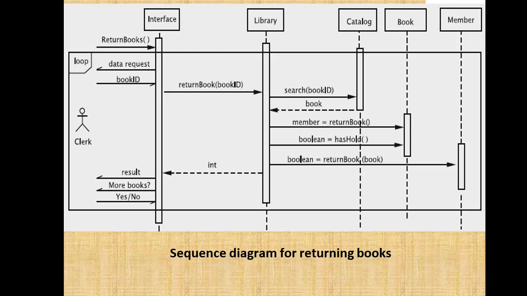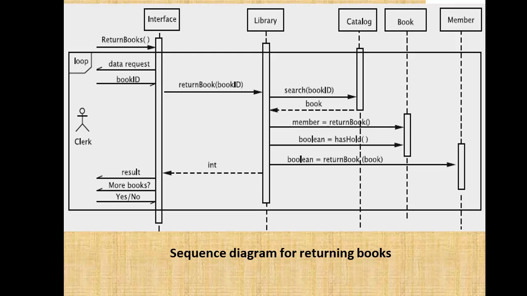So you return the book: interface, library class, catalog class, book and member. Then you have to return more than one book. So that's why, in a loop, data request: give the book ID, invoke the return book method giving the book ID, search that book. Once you get that book, then return that book, creating the object member.